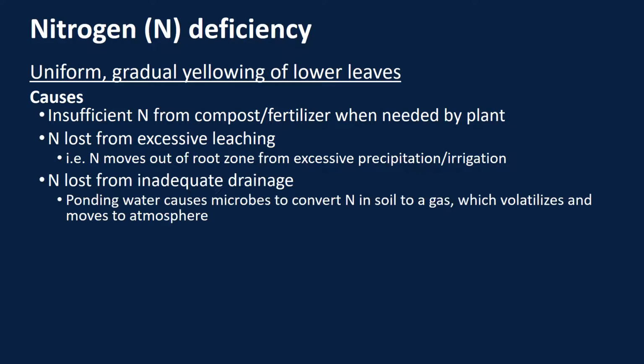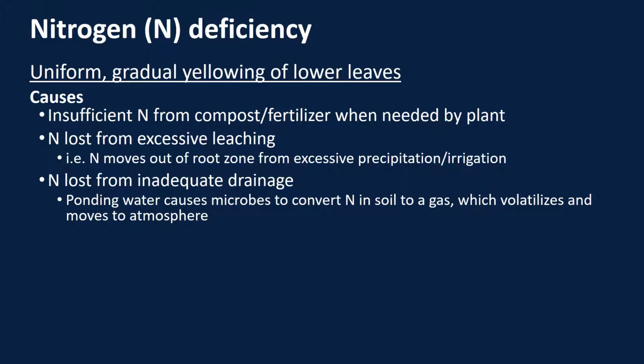The next thing, not only can we lose it because we have too much water, it moves it down. If we have inadequate drainage, that water just sitting on the top creates saturated environments. All that water displaces the oxygen, and then what happens is those microbes that like conditions where we don't have oxygen, anaerobic conditions, they'll convert that nitrogen into a gas and release it into the atmosphere.